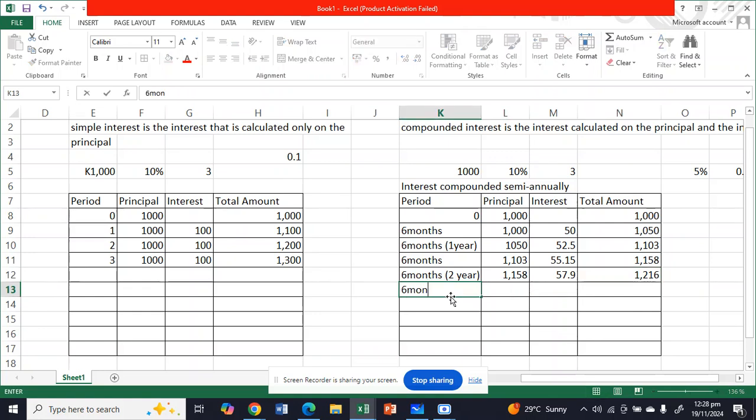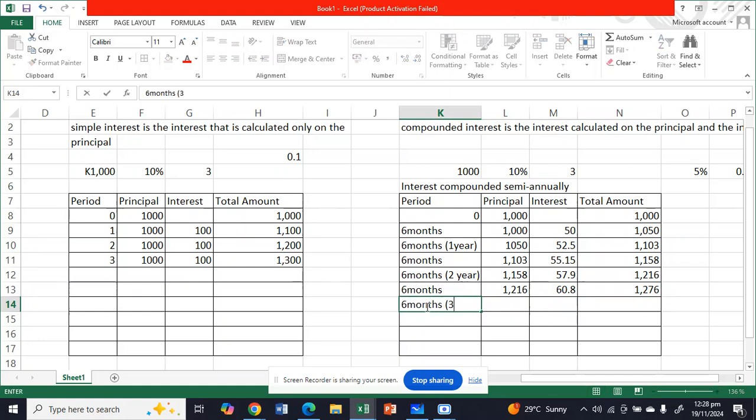Another 6 months pass, 1,216 kwacha. We get our interest, 5% of this amount, which is 60.8. So after 2 years, 6 months in our bank account, we have 1,276 kwacha.